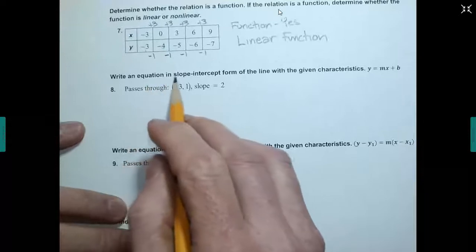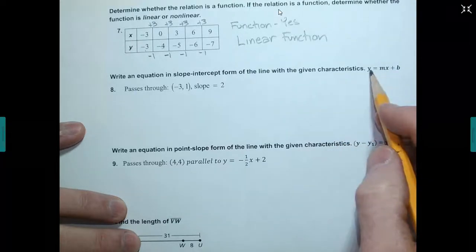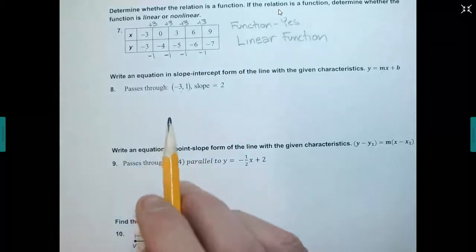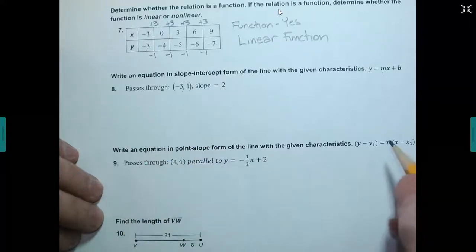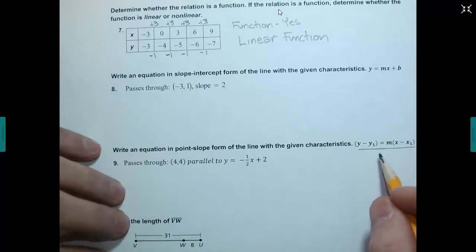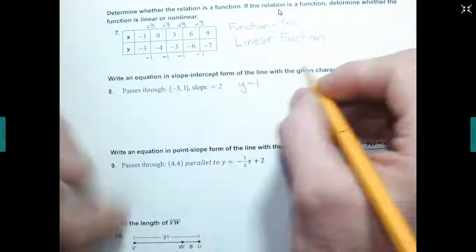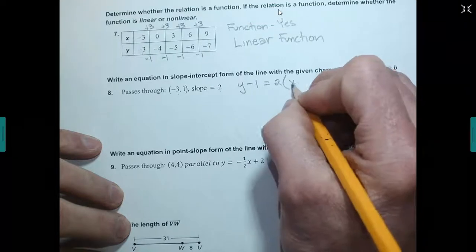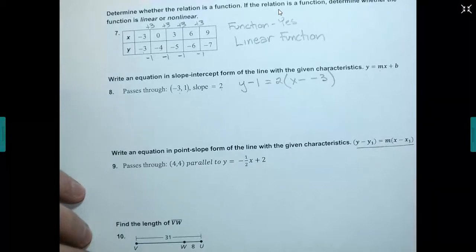Alright, write an equation in slope-intercept form of the line with the given characteristics. So slope-intercept form is here, but we have a slope and a point. What would be easiest is to start in point-slope form, which we have right here. So y minus y1, so y minus 1 equals the slope, which is m, times x minus x1.